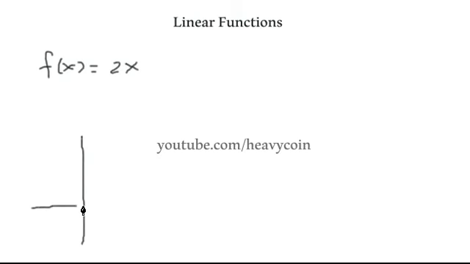I'm going to roughly sketch this, and first we'll do a table. This is my independent variable, and my dependent variable is my f of x, which we defined to be 2x.